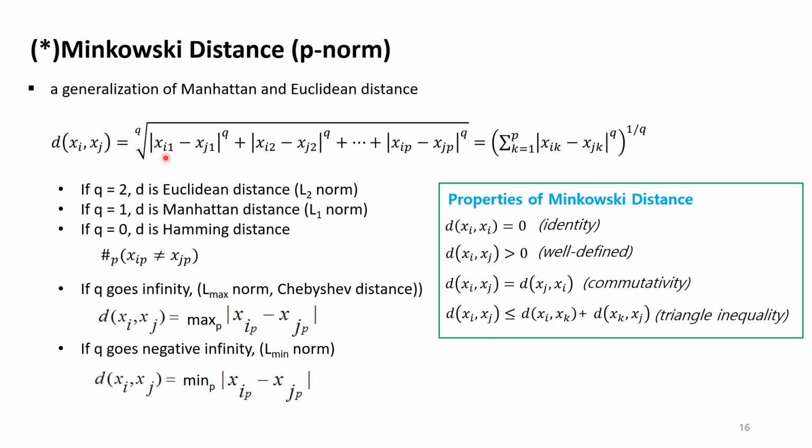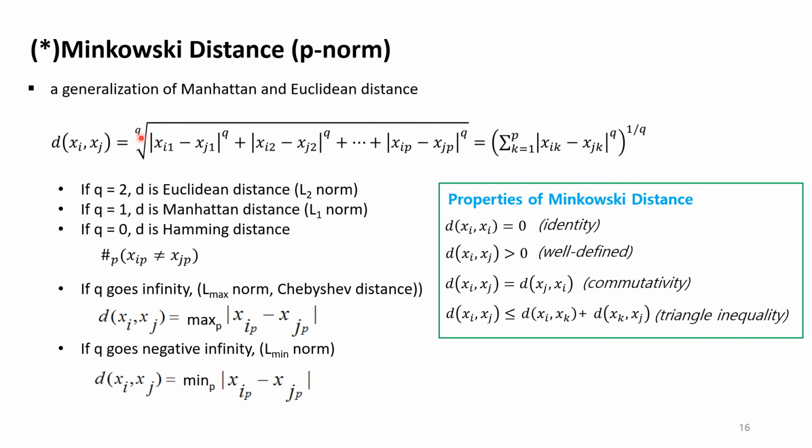You compute xi1 minus xj1. Here xi1 means the first attribute of data xi, and this one is the first attribute of data xj. You compute the absolute value of the difference to the power of q, and you do the summation, and you take the q-th root. That's the definition of Minkowski distance between these two data.